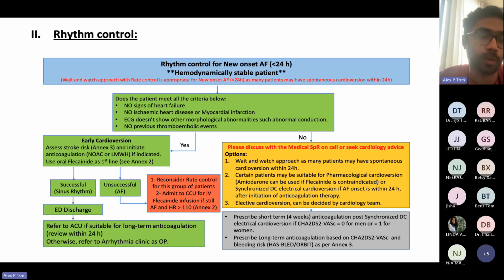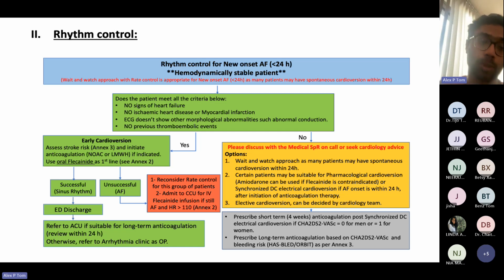So you can use pharmacological agents to cardiovert them. But even if you use a pharmacological agent like flecainide to cardiovert and control their rhythm, remember the problem in all these patients is you need to anticoagulate them well with a low molecular weight heparin or a directly acting oral anticoagulant.